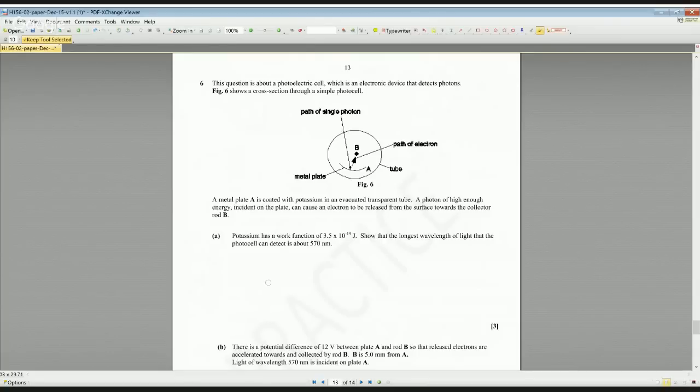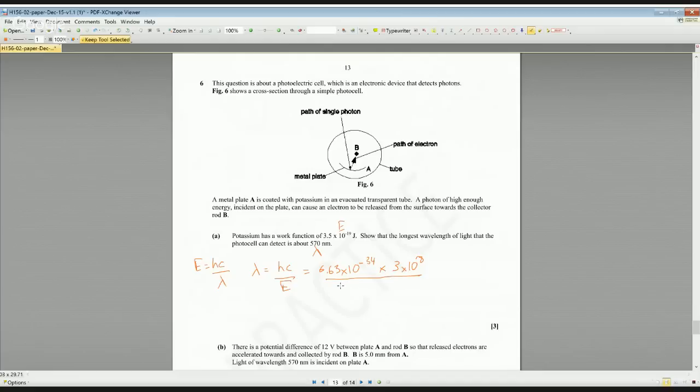So I would look at this question and go, right, I've got a wavelength. I've got an energy. Well, we've got the equation E equals hc divided by lambda, which we can rearrange to get lambda is hc divided by E. h is the Planck constant, 6.63 times 10 to the minus 34. c is the speed of light, 3 times 10 to the 8.